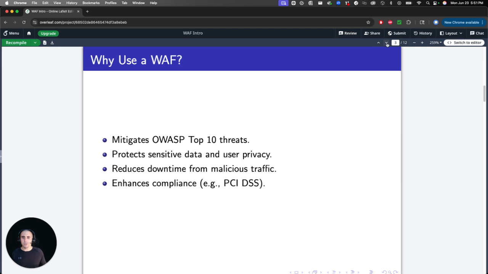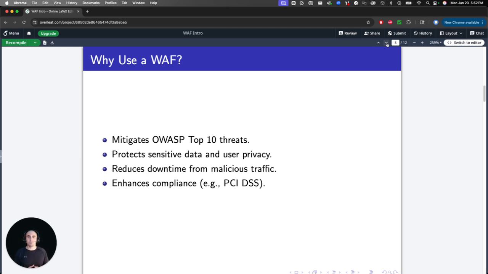So why use it? Well, it mitigates the OWASP top 10 threats, like access control and a lot of those top 10 threats. It protects sensitive data and user privacy. Privacy is very important to people, like their credit card numbers, and it protects that. So it's very useful in terms of protection, reducing downtimes from malicious traffic.